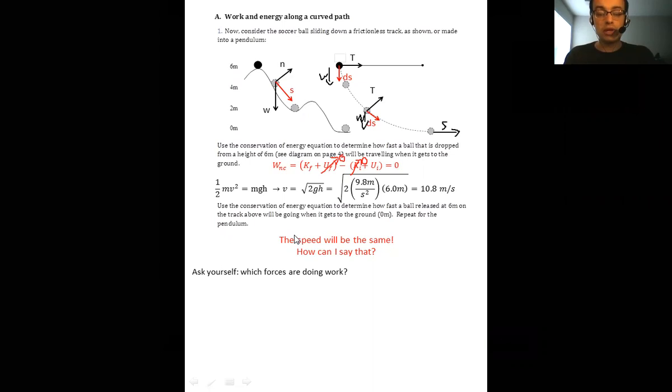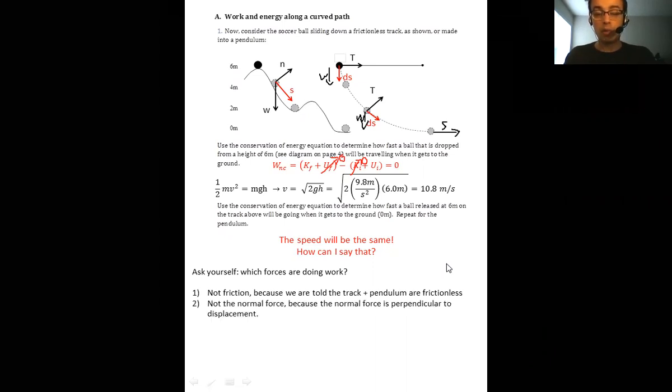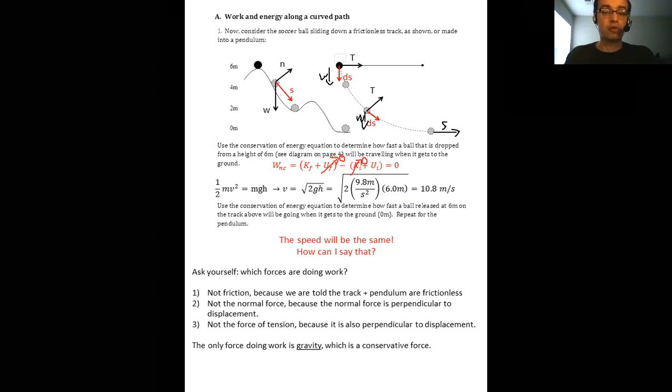And what you can say is what forces are doing work, just to kind of run through what we'd already said. It's not friction, because we are told the track and the pendulum are frictionless. We know it's not the normal force, because the normal force is perpendicular to displacement. We know it's not the force of tension, because that is also perpendicular to the displacement.